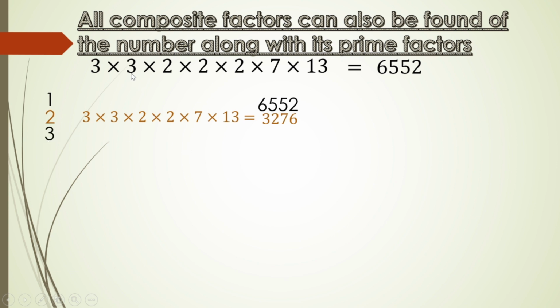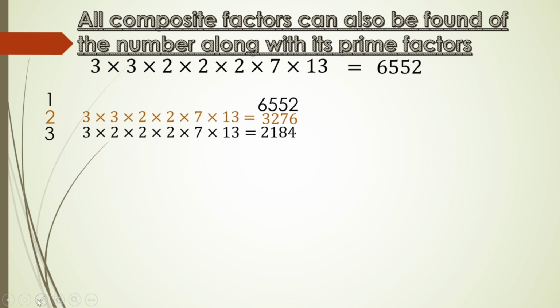3 is also a factor because 3 is present in the prime factorization, and the cofactor can be obtained by multiplying the rest of the factors, leaving this 3. So the cofactor is this. We didn't write this 3 and the rest are written as the cofactor, and the cofactor is 2184. Is 4 a factor? Yes, because 4 is present.